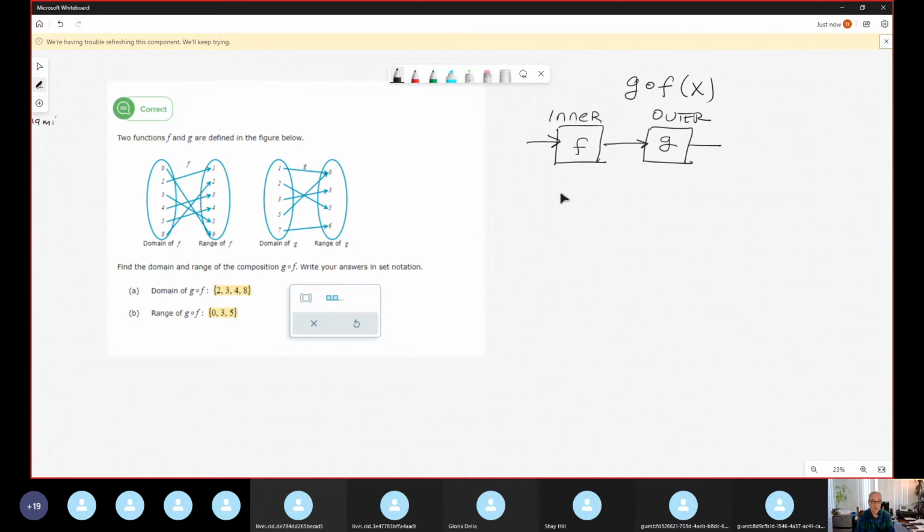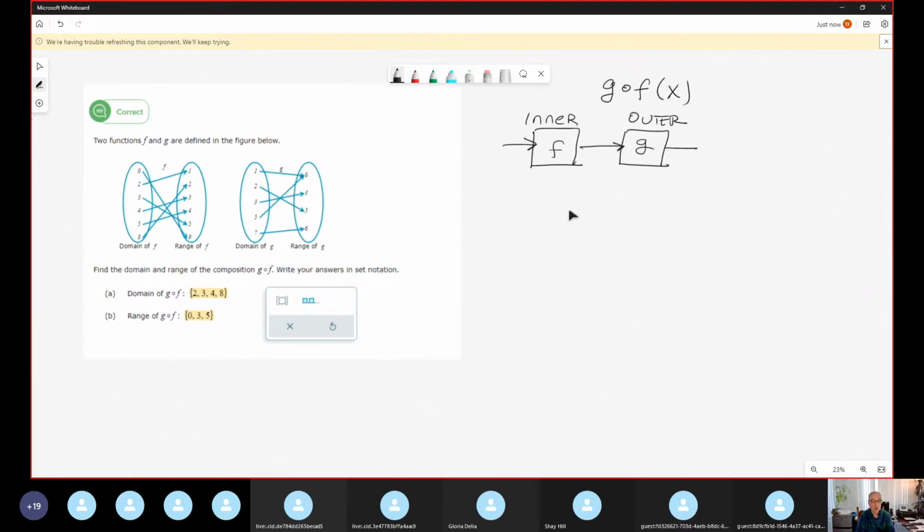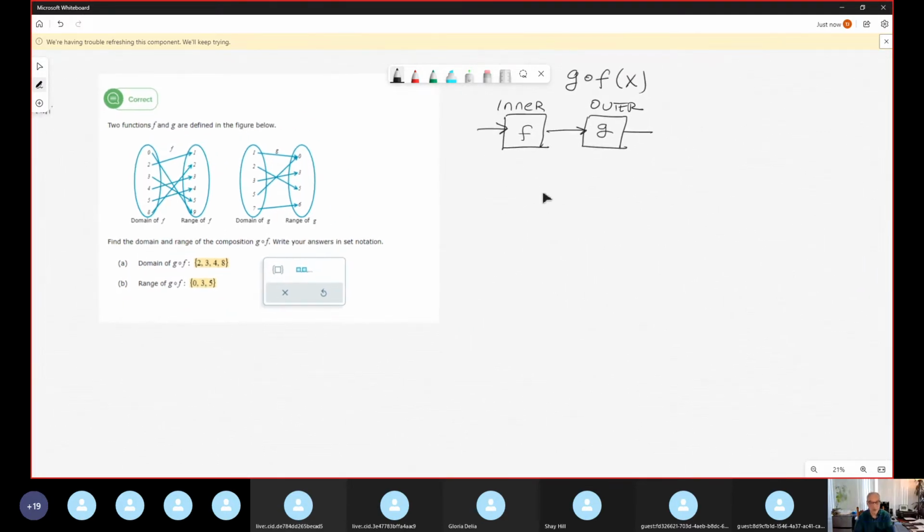But in this problem, it's not given an equation. It's given an arrow diagram. This part is the domain of f, and this is the range of f. And this is the domain of g, and this is the range of g.